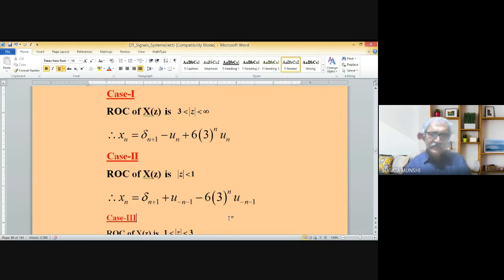So that delta(n plus 1) term will be there. So it is a purely anticausal sequence. Of course, on the left side, there is a single term. After that, to the left of n equal to minus 1, x(n) is 0.